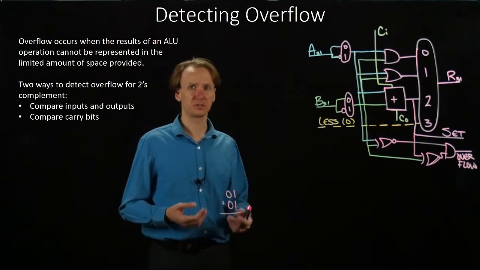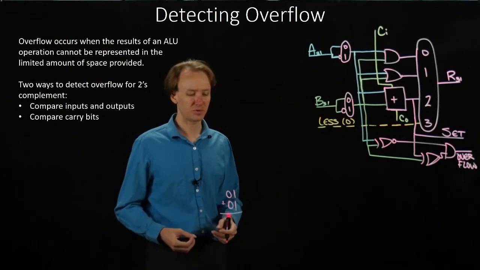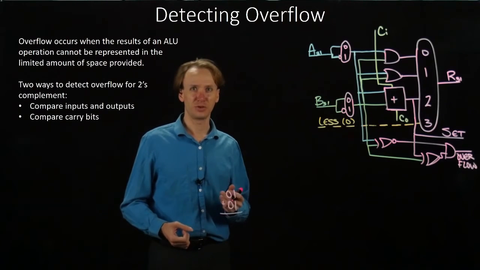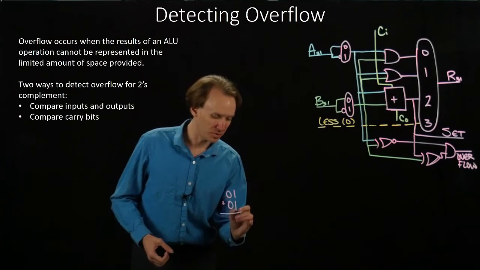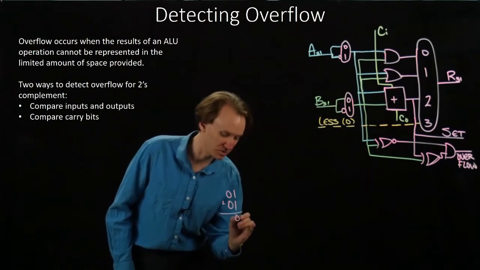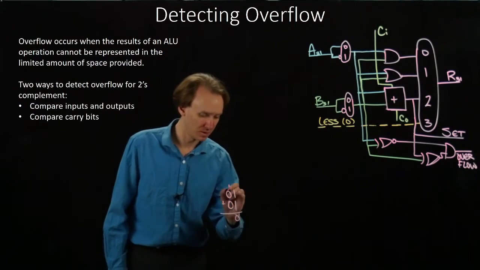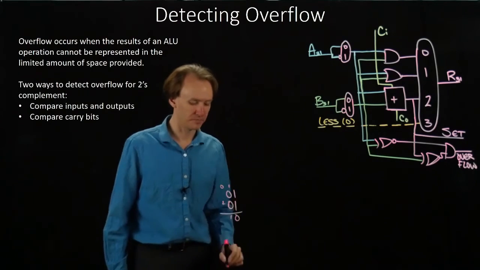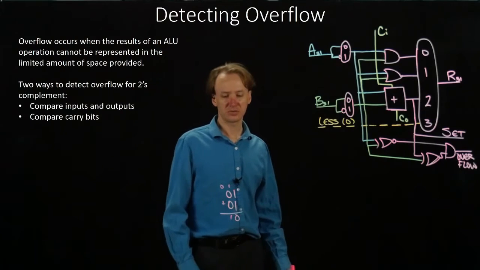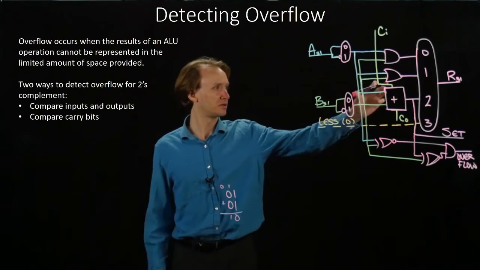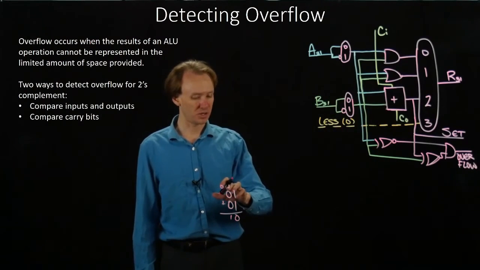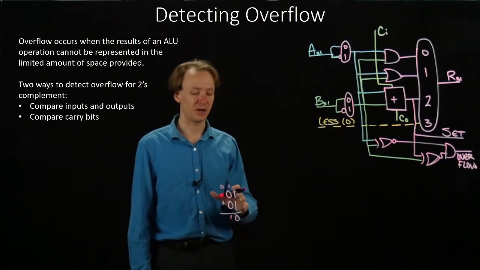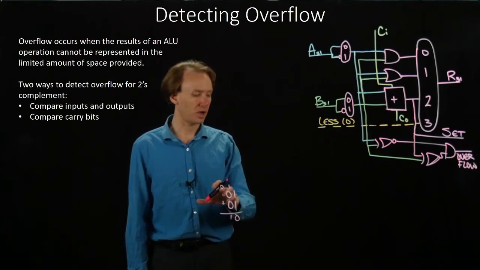Turns out these are the two largest positive numbers I can have with 2 bits. So 1 plus 1 gives me 0, carry a 1. 1 plus 0 gives me 1, carry a 0. So that's interesting. It turns out that, in this case at least, my carry-in for the most significant adder was a 1, and the carry-out was a 0.